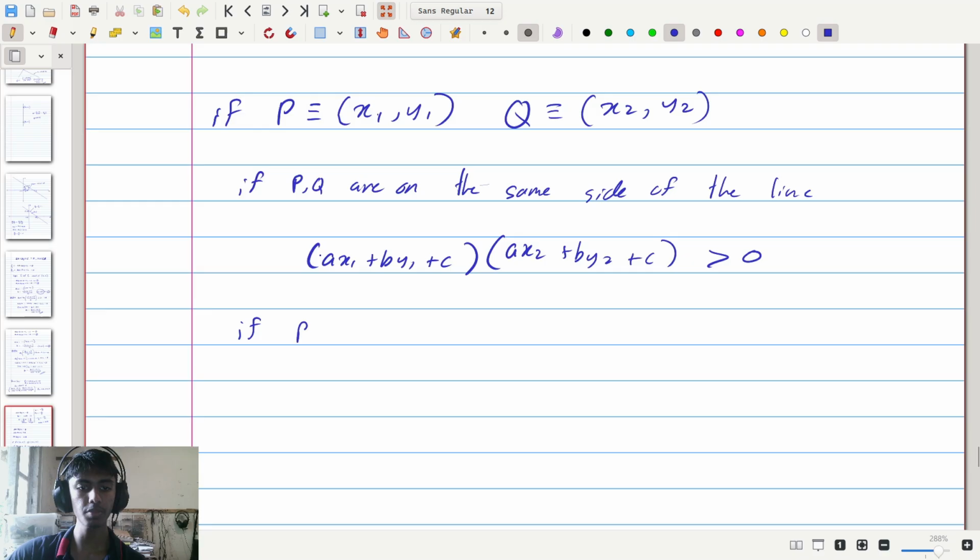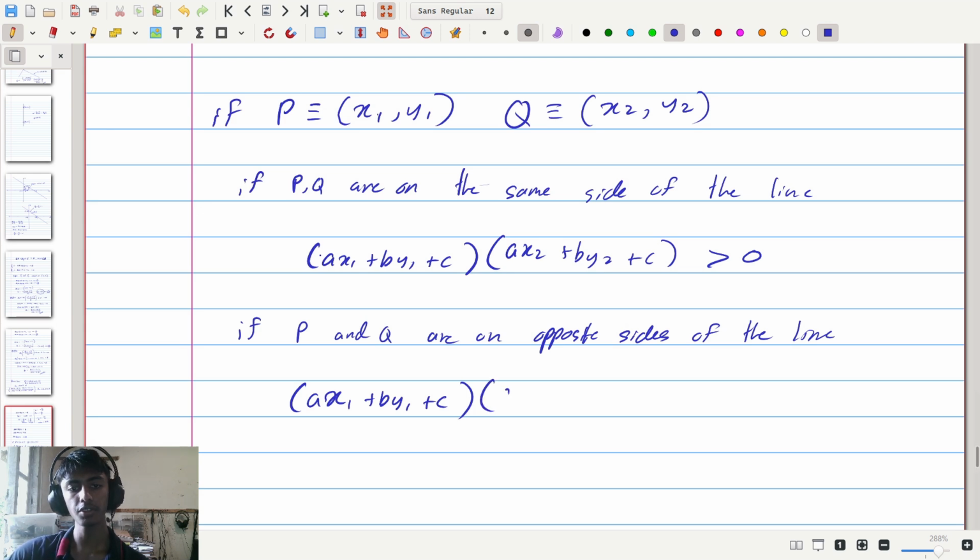So we can say if P and Q are on opposite sides of the line, then in this case the first one's sum, which is going to be ax1 plus by1 plus c, and then the second one, which is going to be ax2 plus by2 plus c, is going to be negative, as in one of them is positive, the other one is negative, therefore the overall product is going to be negative.